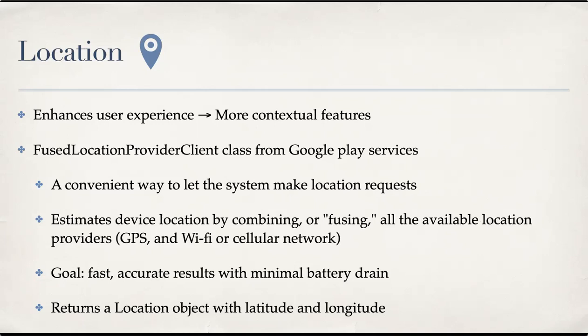The name fused location, the fuse part, comes from the fact that it combines or fuses the device location information from GPS, Wi-Fi, and cellular network. And its goal is to provide a fast, accurate result with minimal battery drain.